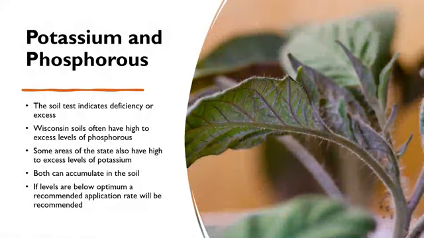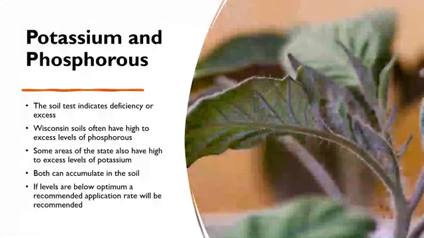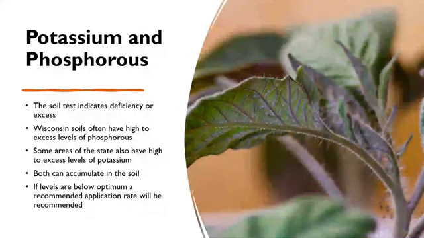So if you get your soil test back, and your levels of those two nutrients are below optimum levels, they're going to recommend the application rate that fits the crop that you're growing. If you're growing grass, it's going to give you something that works with grass.